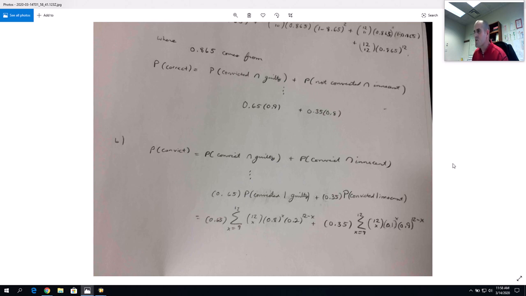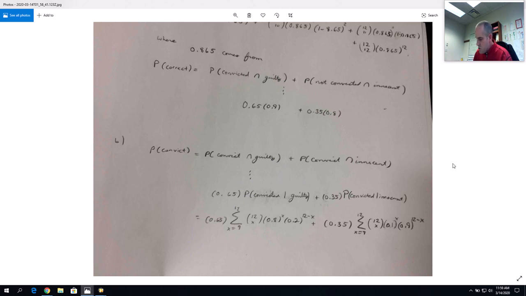That's your second summand right there. Well, that is equal to the probability that they are innocent times the probability that you will vote to acquit given that they are innocent.